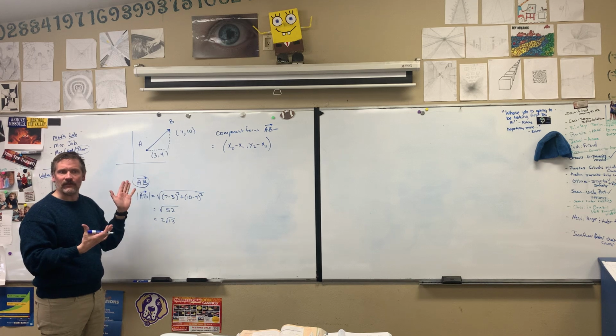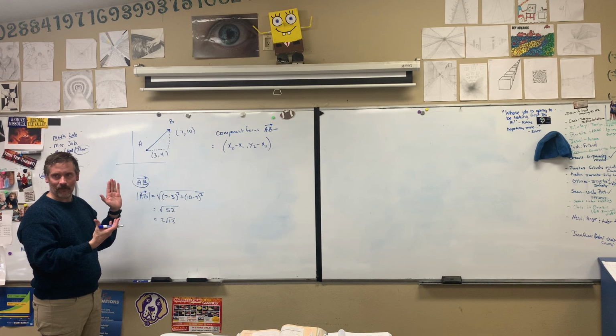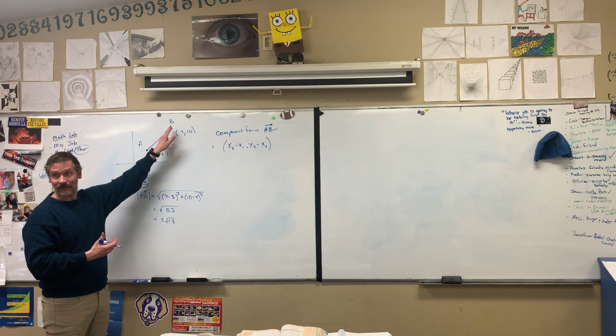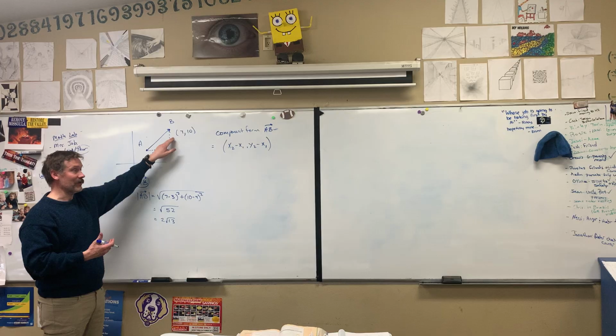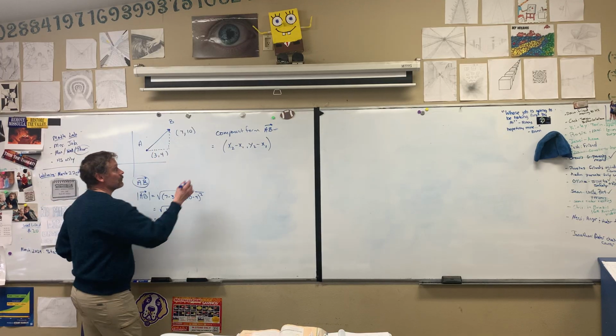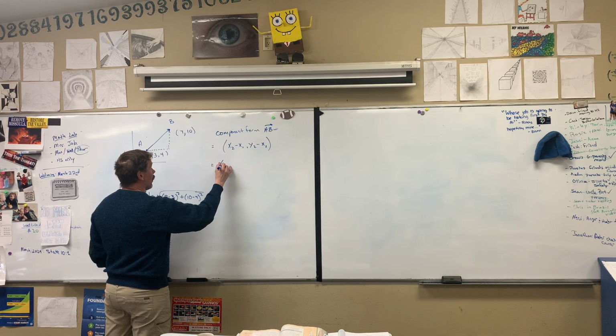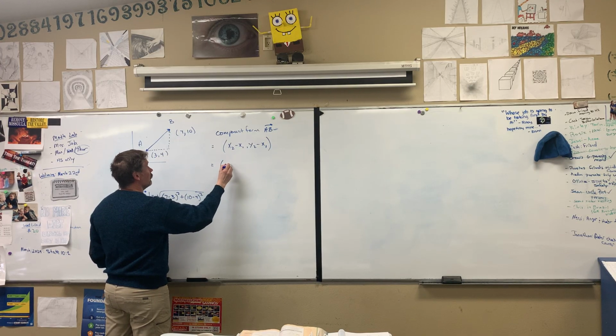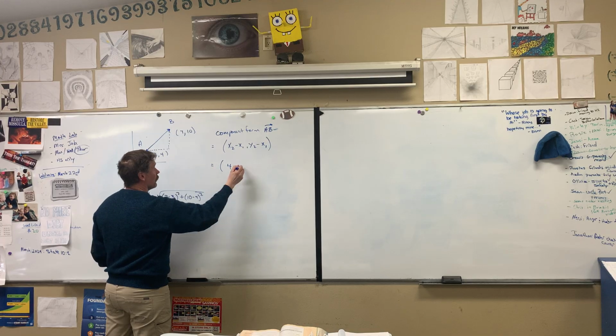You can just think through a picture: if you're starting here and going there, make sure you're going positive and positive. If you're going the other way, make sure you're going negative and negative. You would get it wrong if you messed up the x's and the y's. So 7 minus 3 is 4, 10 minus 4 is 6.